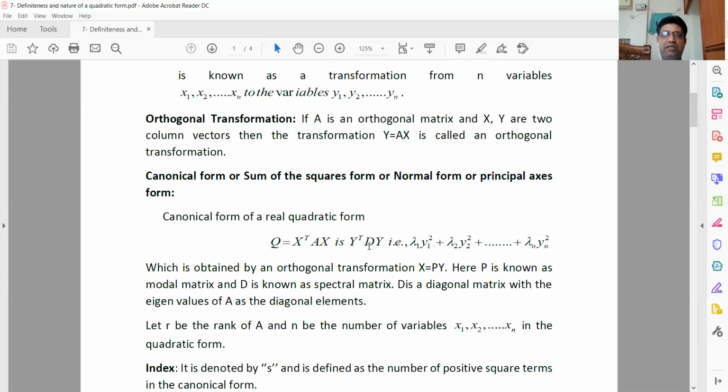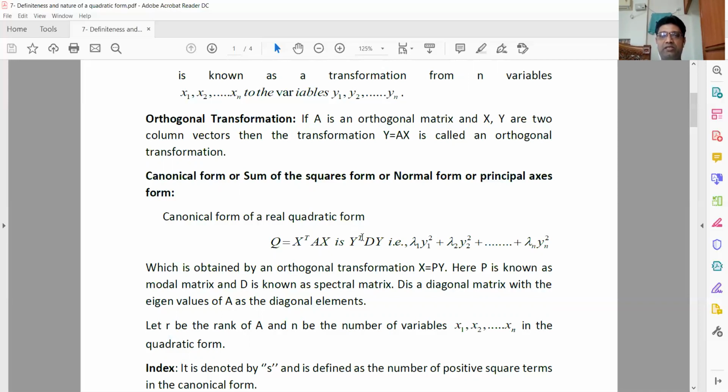It is nothing but D only. P transpose AP is D, that we have seen, because P is a modal matrix. Therefore y transpose Dy. So in this quadratic form, if you substitute this orthogonal transformation x equals Py, the quadratic form gets converted to y transpose Dy.